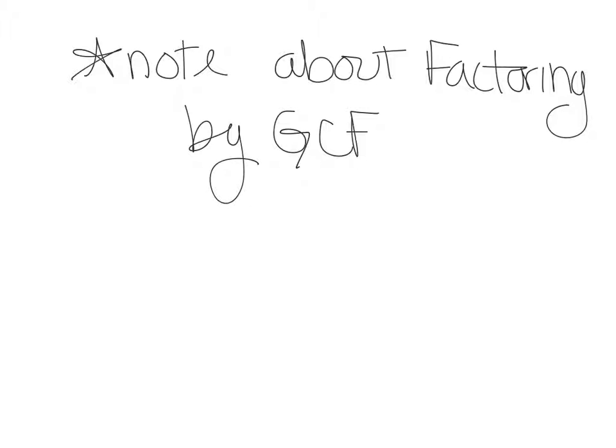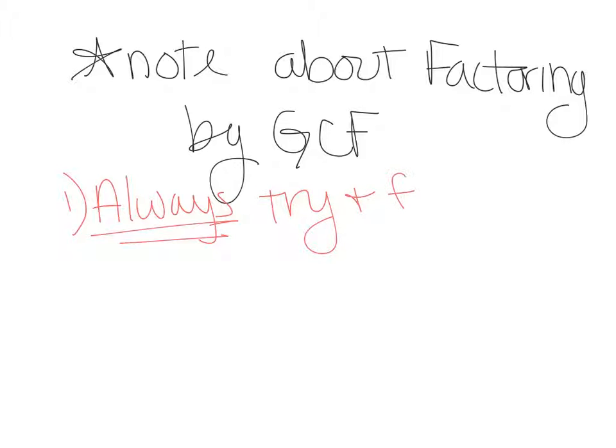All right, so a couple notes about factoring by the greatest common factor. One is that you always want to try and factor out a greatest common factor first. No matter what type of polynomial you're working with, look and see if you can take out a greatest common factor first.